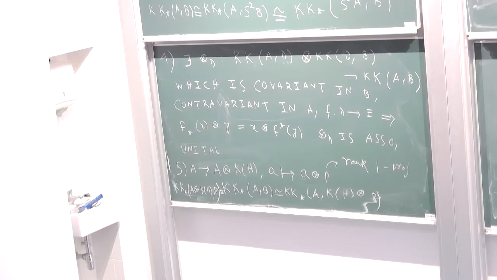Okay. So now we move on to define the Kasparov product. What we should be doing is that we have an AB module and a BC module.